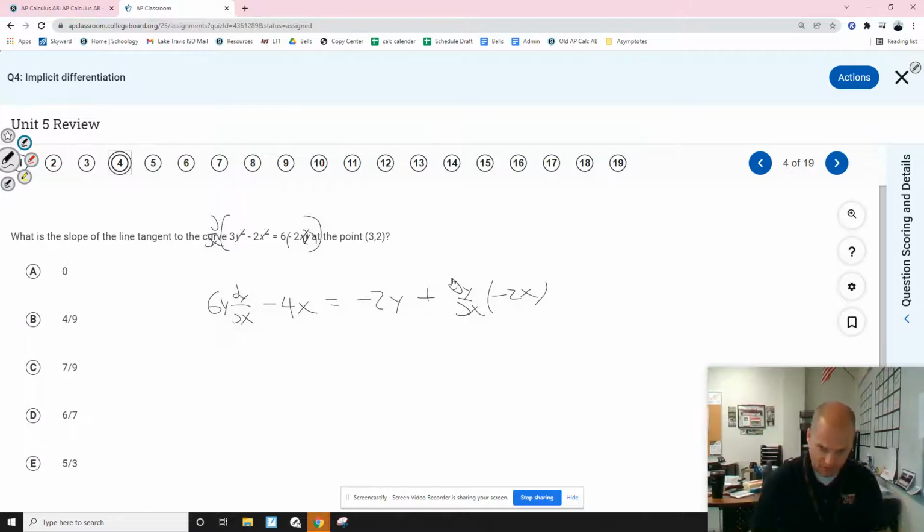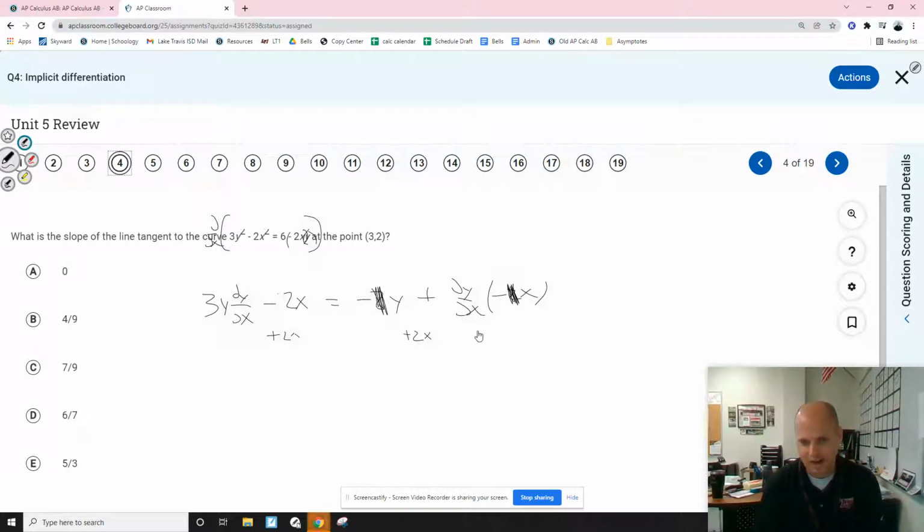You can plug in 3, 2 now. You can divide by 2 right now. You can solve for dy/dx. That's a 3, that's a 2x. Which is what I'm going to do. Add 2x to both sides.